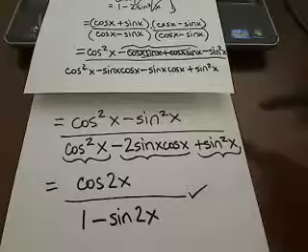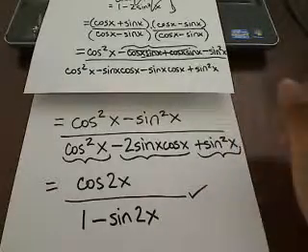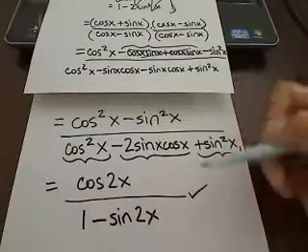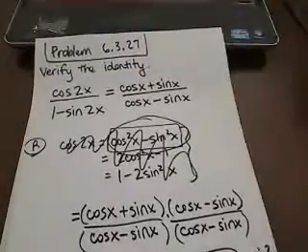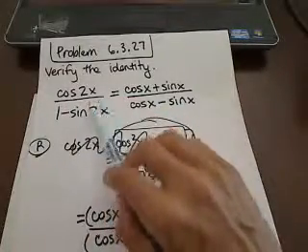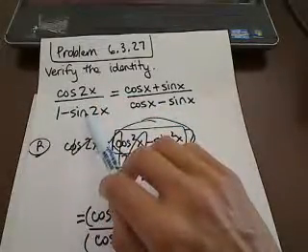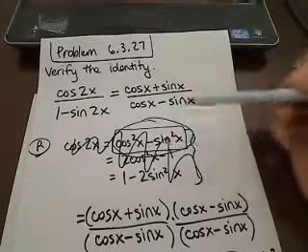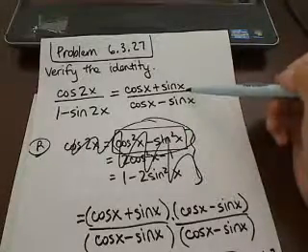Okay. So what I want to make really clear is when you're verifying the identity, there are multiple ways to verify the identity. I could have started with this side like I attempted to initially, and it would have been fine. If I had followed that through, there would have been some factoring that I would have needed to do, but I could have gotten to this place.